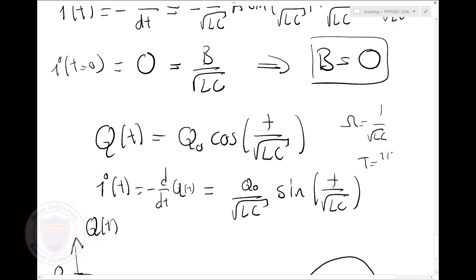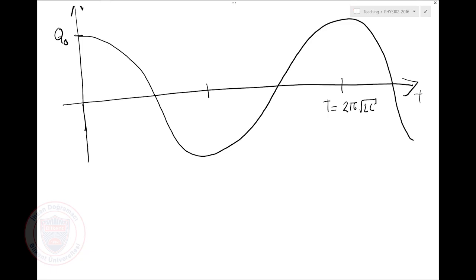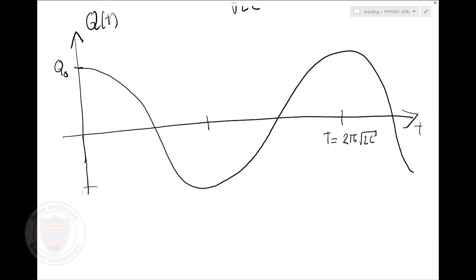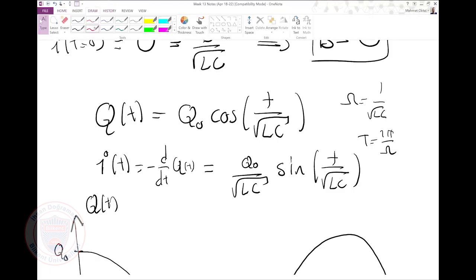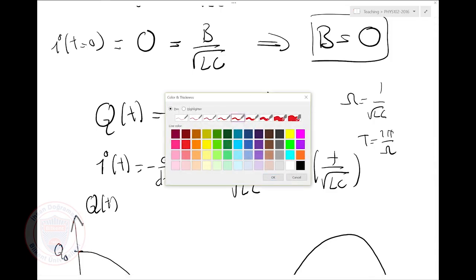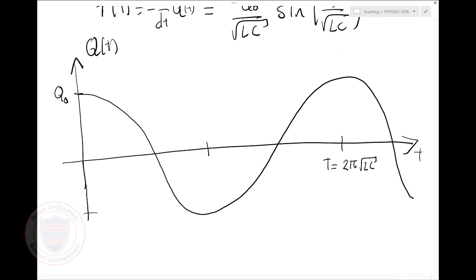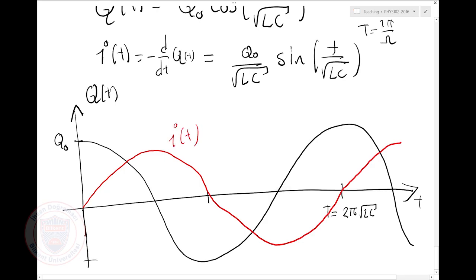The period is 2 pi over frequency, so it's 2 pi times square root of LC. Now, how about the current? If I plot the current on the same graph, it's going to be a sine, and it will be something like this. This is going to be I of t.